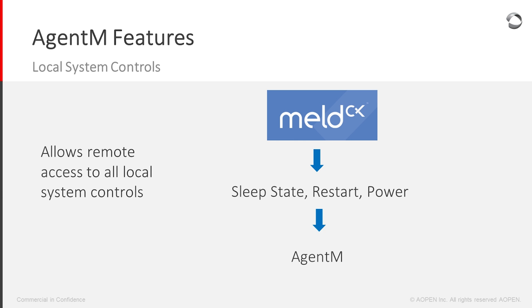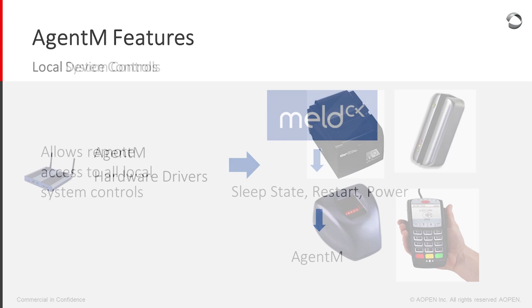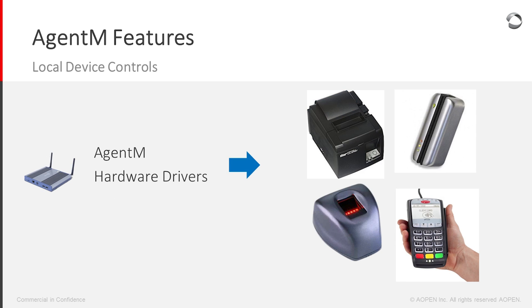So you stated that it allows your app to control ports and peripherals. How do you directly control and monitor the network ports and manage drivers for external devices? Yeah, this is very important when it comes to Chrome OS. Chrome OS was originally designed to be an always online system and primarily support network printing and simple USB devices. meldCX allows you to create and manage your own drivers for all sorts of devices, as I mentioned before.